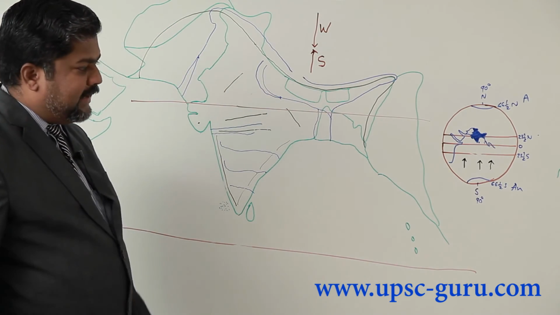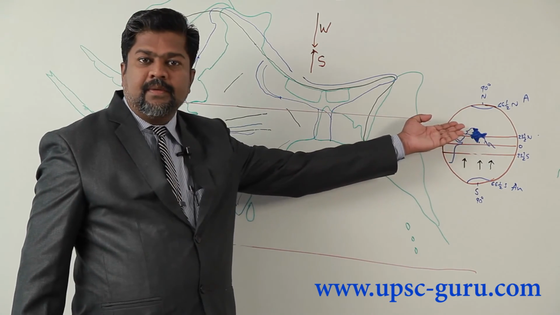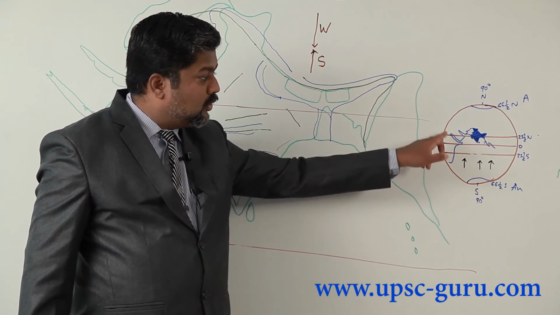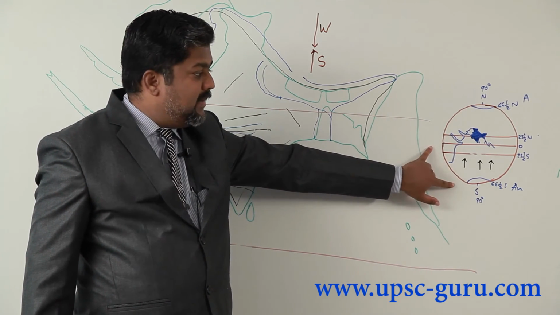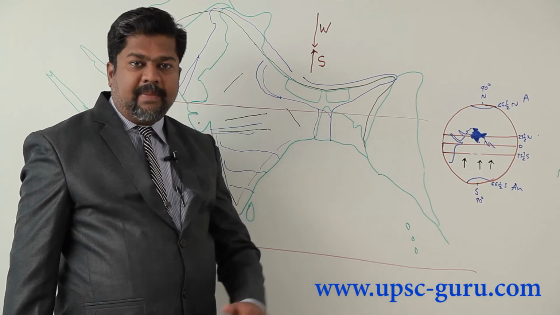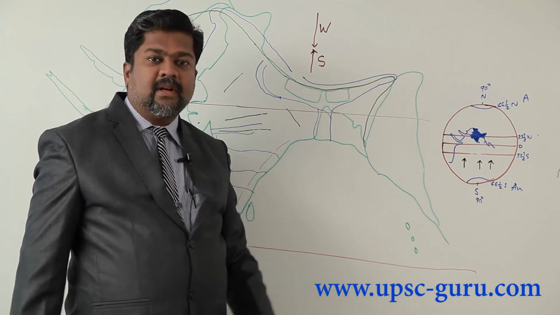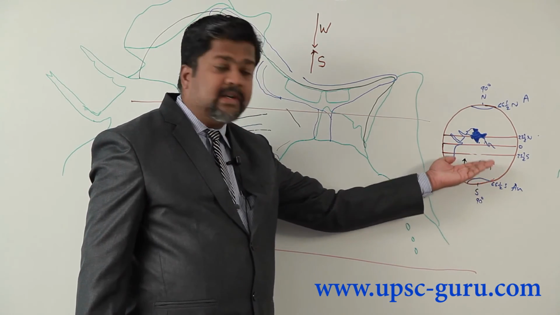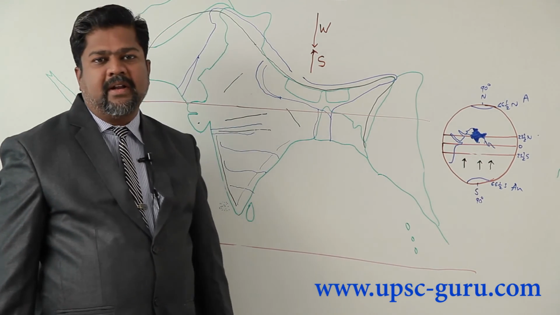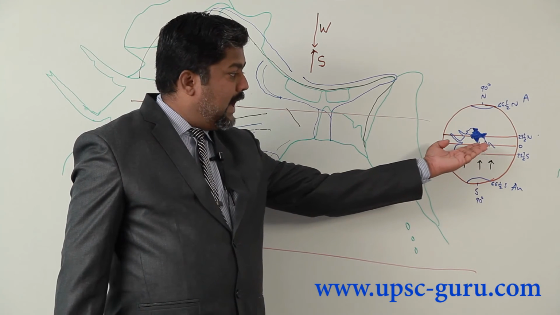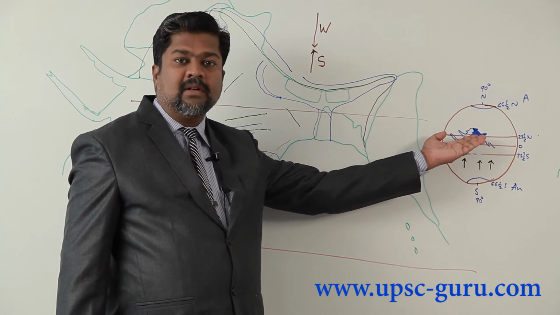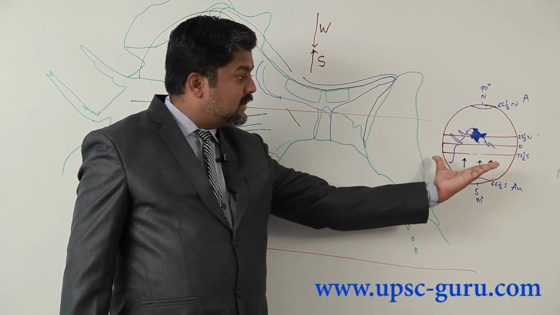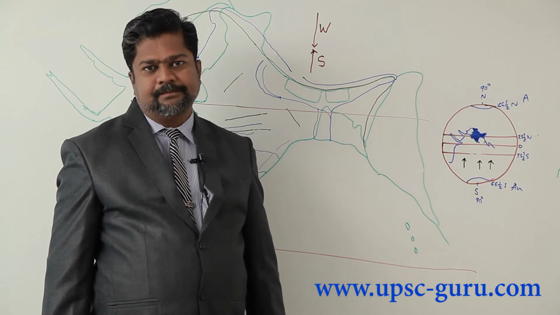So this wind will move in this direction, from south to north, because in the southern hemisphere there is a high pressure belt and in the northern hemisphere a low pressure belt, and so this movement is there. Now all these winds are coming from Antarctica and the Indian Ocean, and then they are crossing the equator, and then they should enter this way in the northern hemisphere.